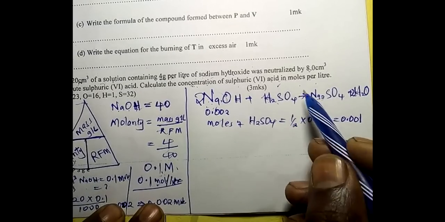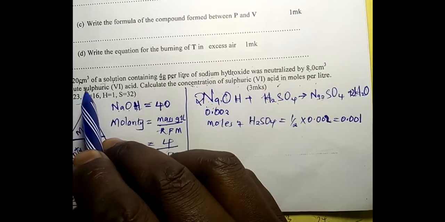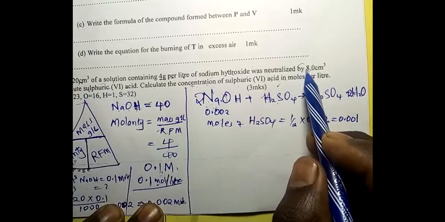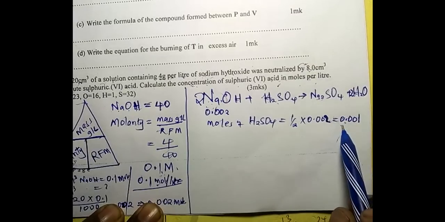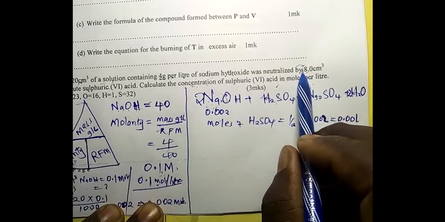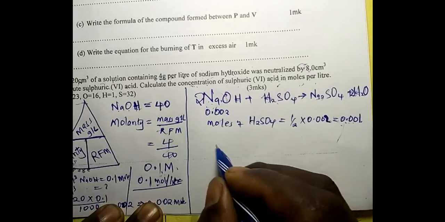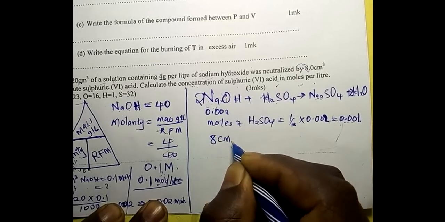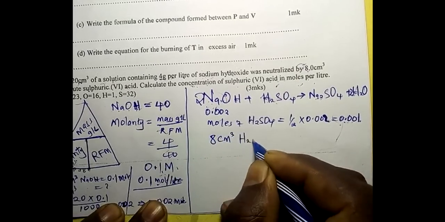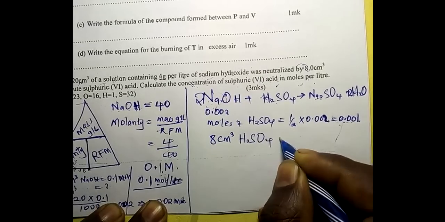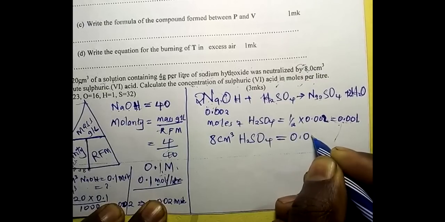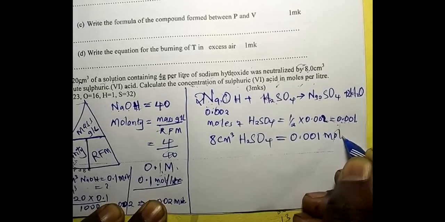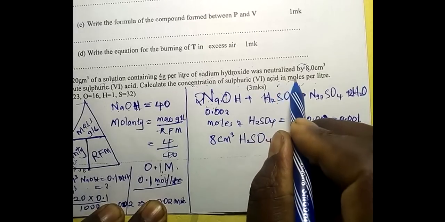But we know the volume of dilute sulfuric acid that was used, 8 centimeters cube. So it means this number of moles, 0.001, is in this. What about 1,000? As simple as that. So we will ask, 8 centimeters cube of sulfuric acid contains 0.001 moles. We are asked to calculate the number of moles in 1 liter.